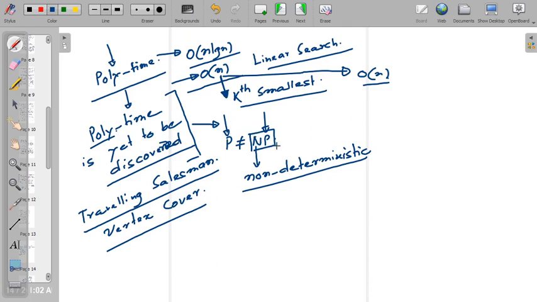We have seen that out of those problems, some problems are polytime solvable, and some problems such as traveling salesman and vertex cover, we are not able to find any polytime algorithm.